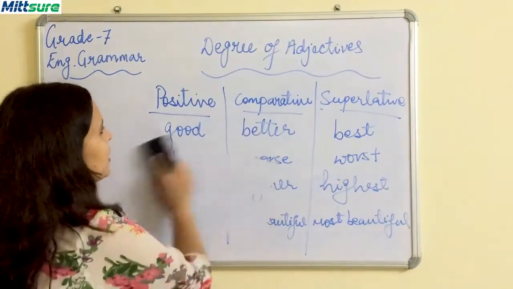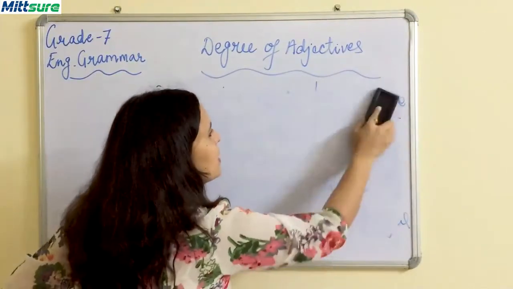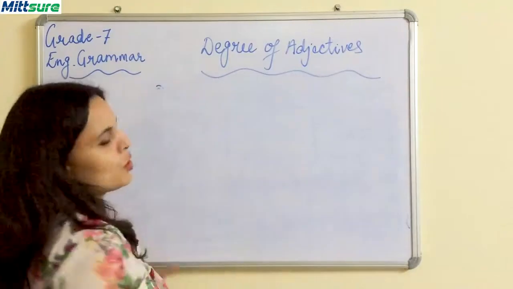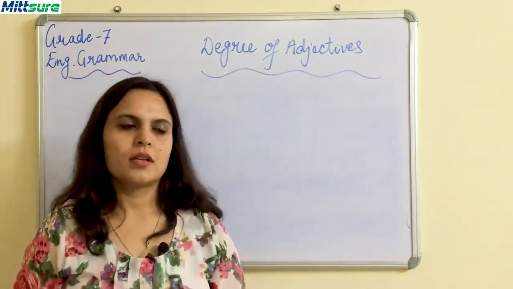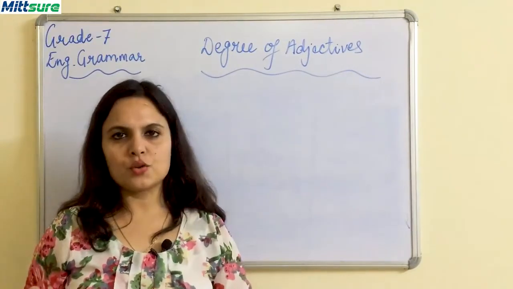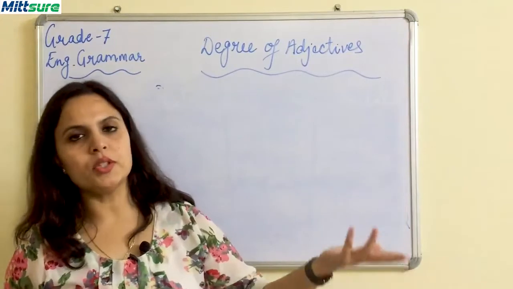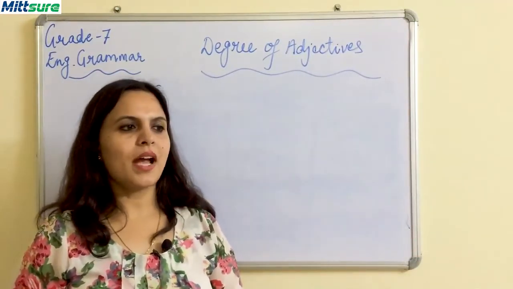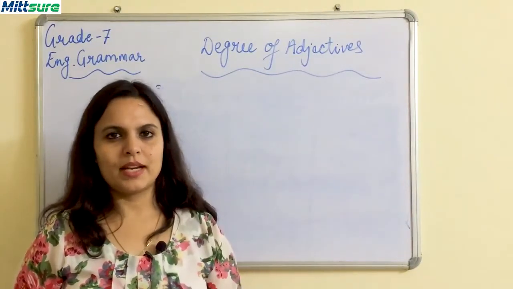So let's take a look at how we treat these degrees when used in the sentence, right? So if I say Nina is a beautiful girl, but when I compare the two girls, Nina and Rima, I say Rima is more beautiful than Nina. And then I say, I think Seema is the most beautiful girl, right?